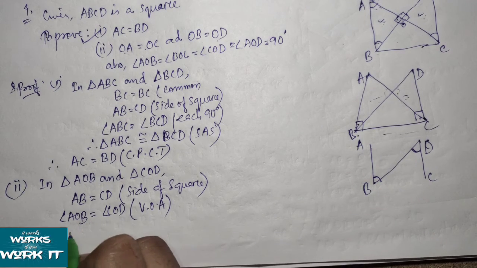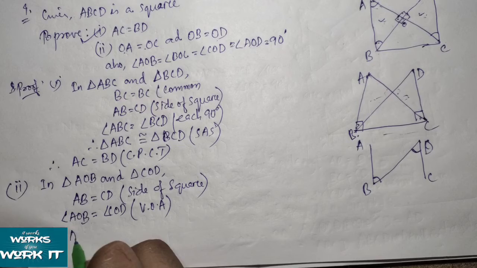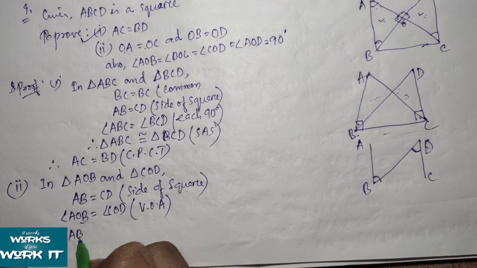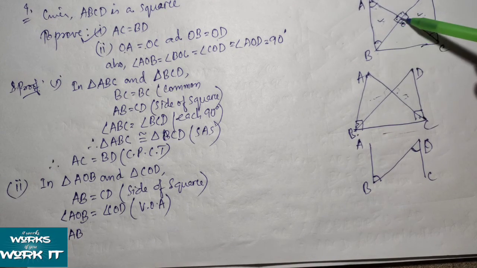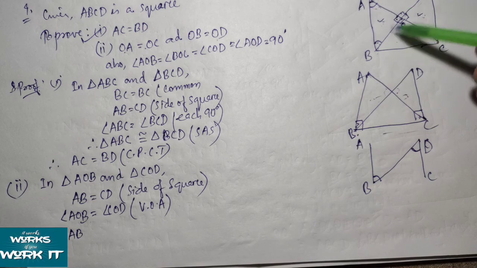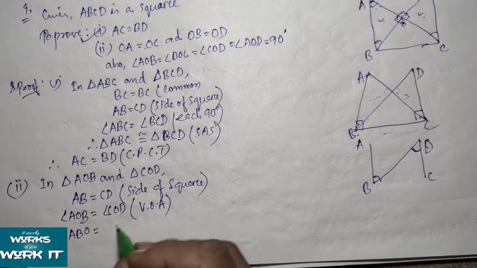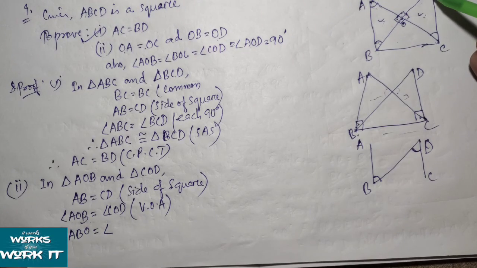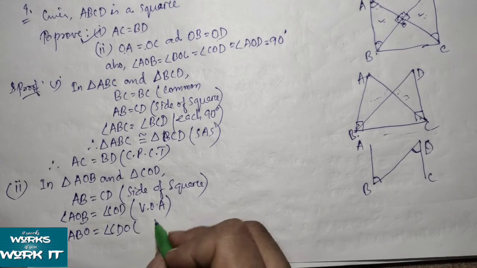Understand? So now lastly, what I can take from both the triangles: angle ABO, because our triangle is ABO, instead of ABD I will take ABO equal to angle CDO. Why?